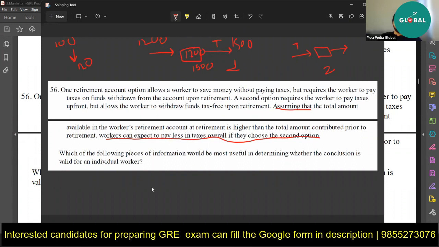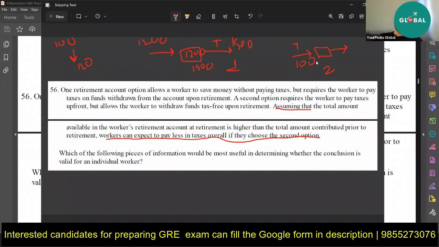So the hidden assumption is what I am thinking. We are assuming that whatever tax we give on this initial amount, like 100, the same amount of tax we are going to give on this when we are extracting. Here we are giving taxes on 100 rupees initially when the person is depositing that money.